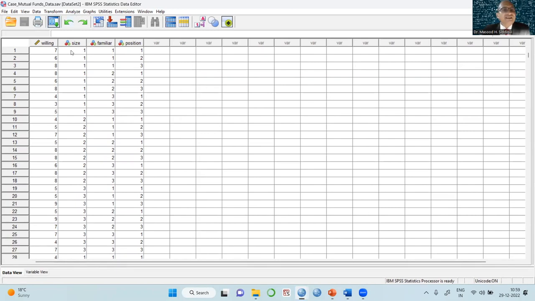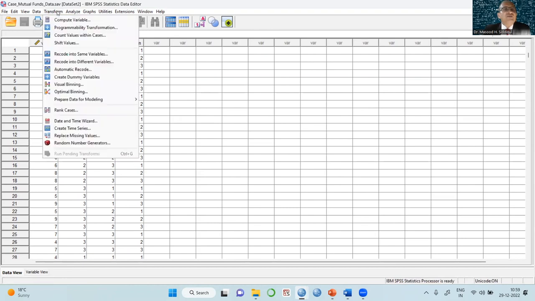And for this data set, since we have to develop a new variable with the name willing cat, for that I am introducing a new button, that is Transform. So we go to Transform. Here we have two interesting options. If we choose Recode into Same Variables, then the original variable would be overwritten, meaning the original variable would be lost.